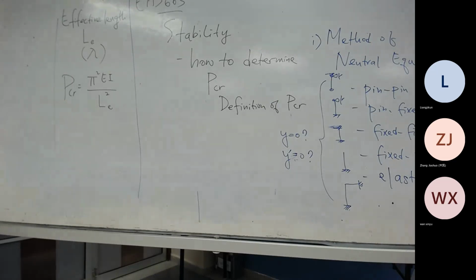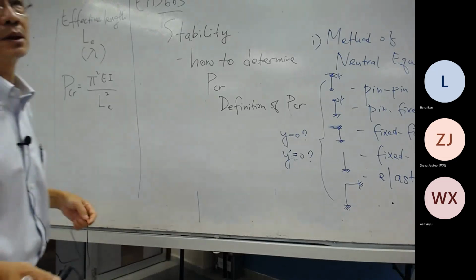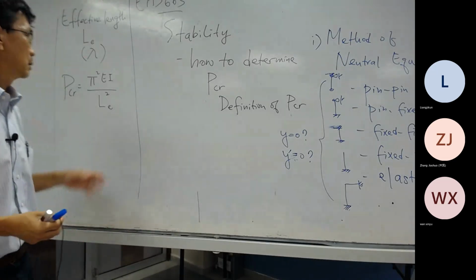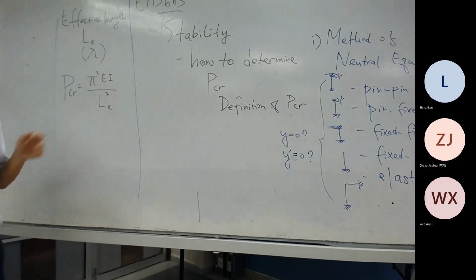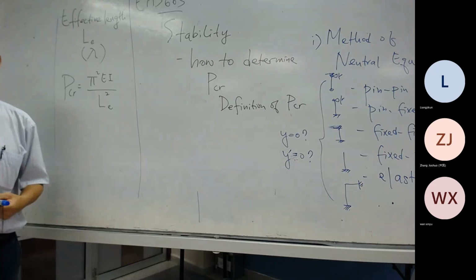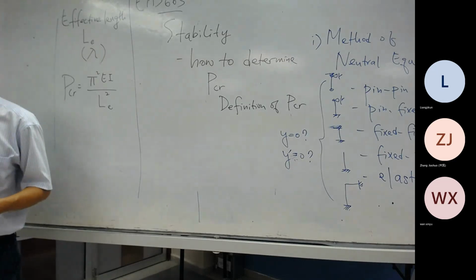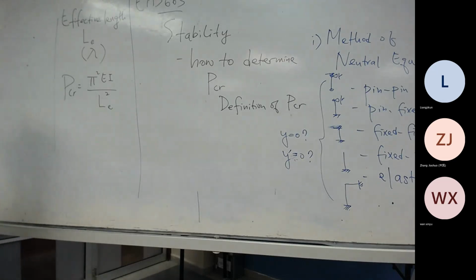Then last week, we also looked at the limitations of this Euler theory. This is based on Euler theory, which is for perfect columns and for very slender columns.